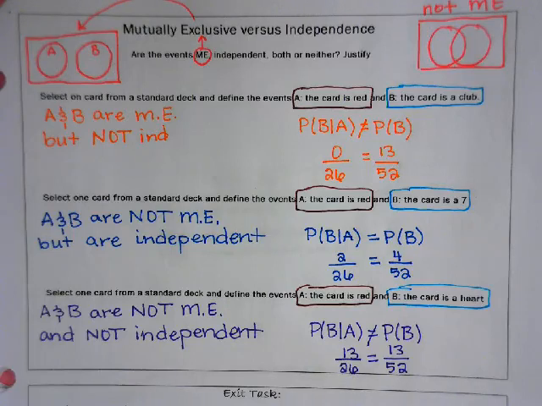I can't think of a card event where they're mutually exclusive and independent. I suppose if I could create it so there were zeros, but I can't. I can't figure one out yet.